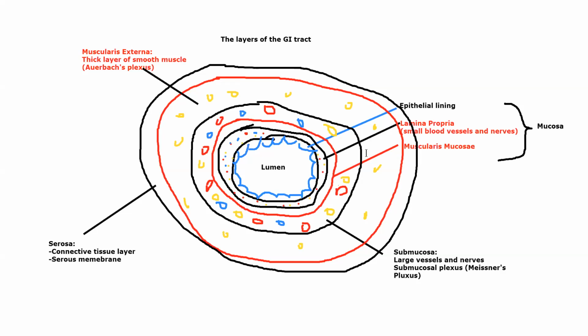It's going to be large vessels, large nerves, and then the submucosal plexus, which we call the Meissner's plexus. That is followed by the muscularis externa, which is a thick, smooth muscle layer, which also has another enteric plexus here called the Auerbach's plexus. And then the outermost or superficial layer is the serosa, which is a connective tissue layer, and then a serous membrane, a very thin membrane that is continuous with the peritoneum.